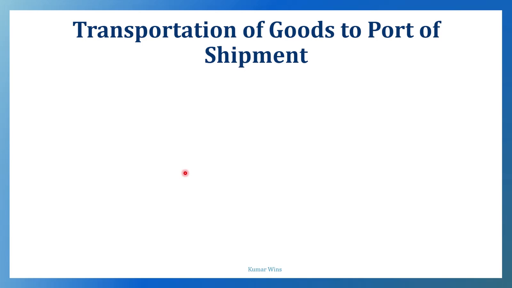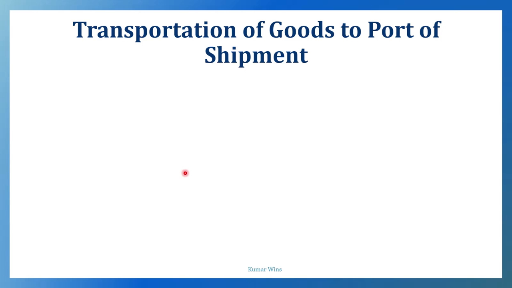So here we need to be very careful about the packing. If you have very good, export quality packing, it helps in minimizing freight and delivery cost. It also eliminates the possibility of the insurance company's refusal to pay a claim in the event of loss or damage to goods in transit.